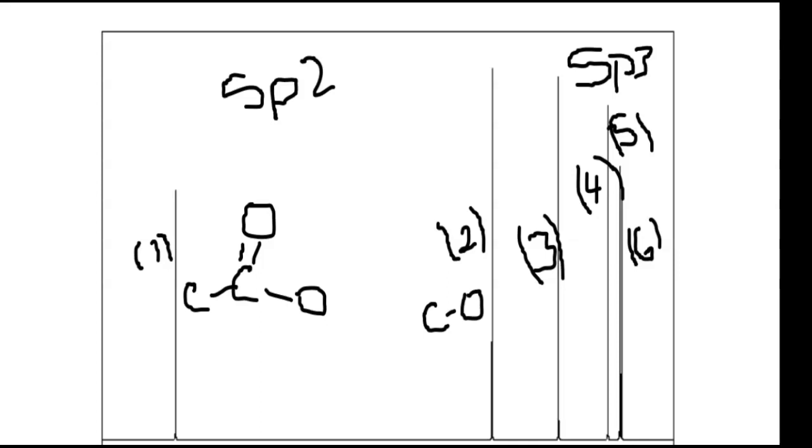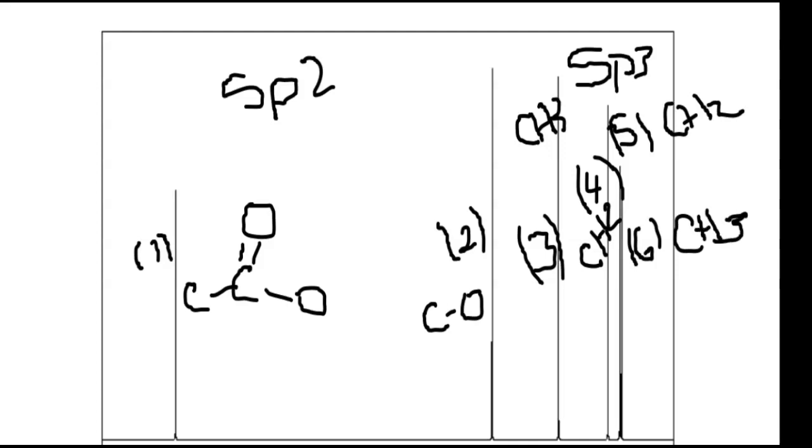And then right here should be CH3, CH2 for 4, CH2 for 5, and then CH3 for 6.